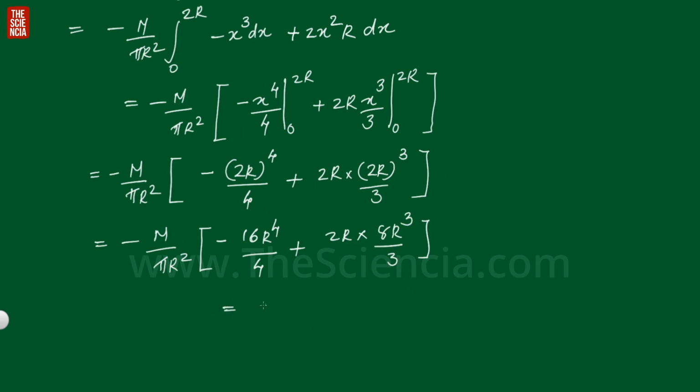That is equal to minus m by pi r square into minus 16 by 4, that is 4r raised to 4, plus 16r raised to 4 by 3.